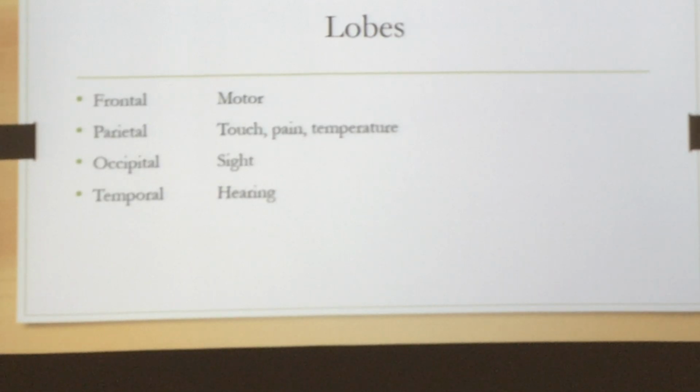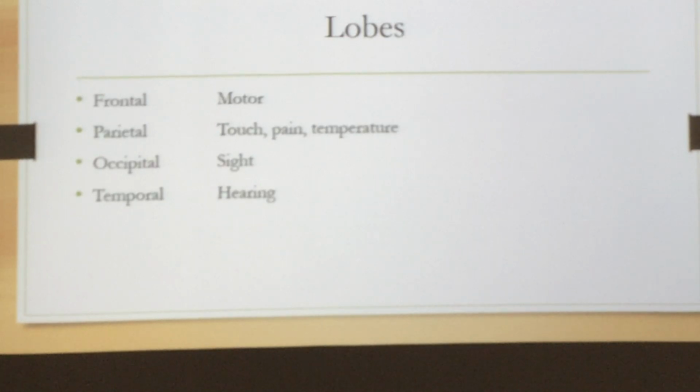The frontal lobes are involved in motor activity. Parietal, there's where your touch, your pain, and your temperature functions are located. The occipital is the sight, and the temporal is the hearing.